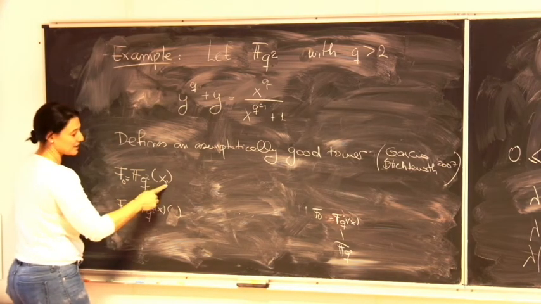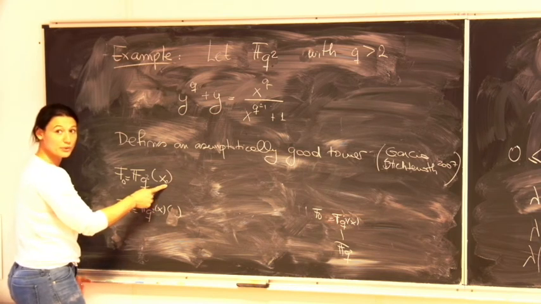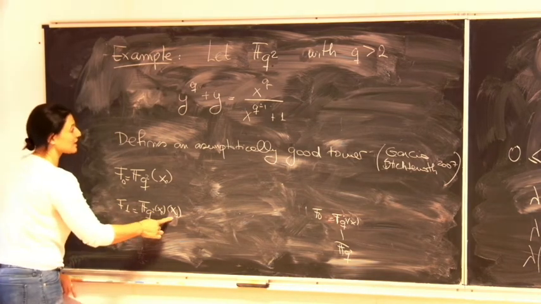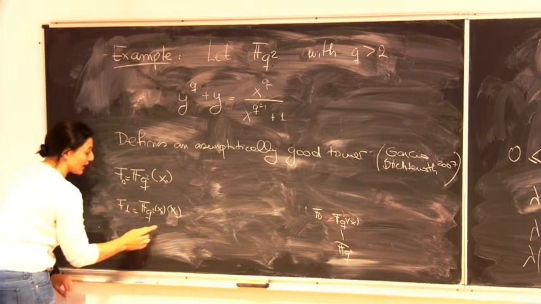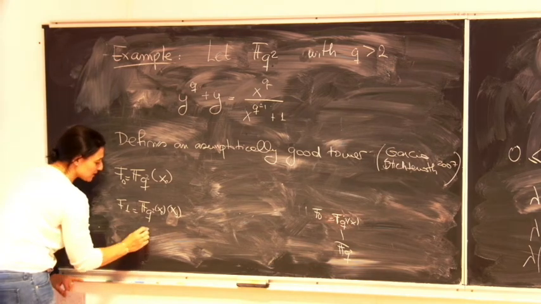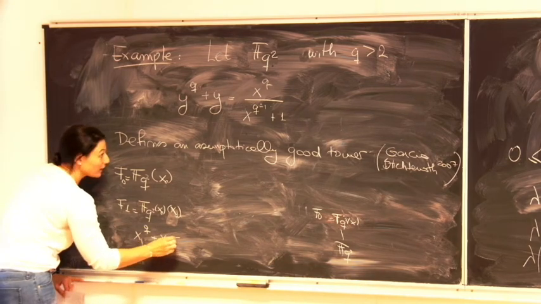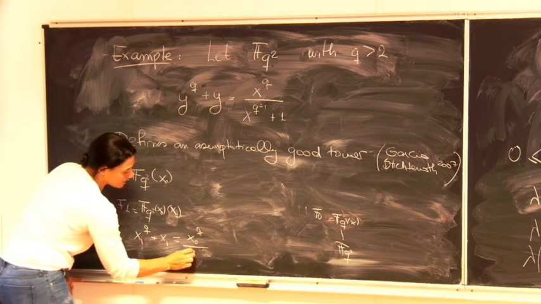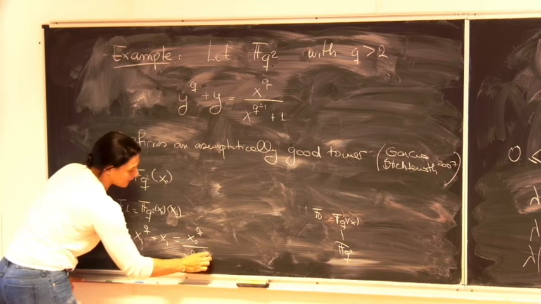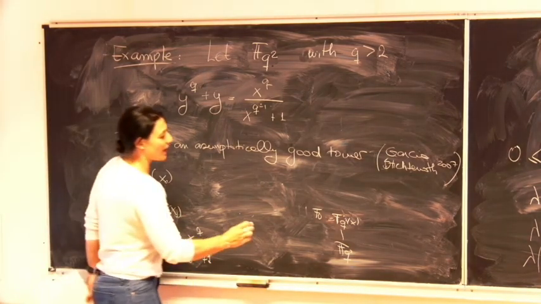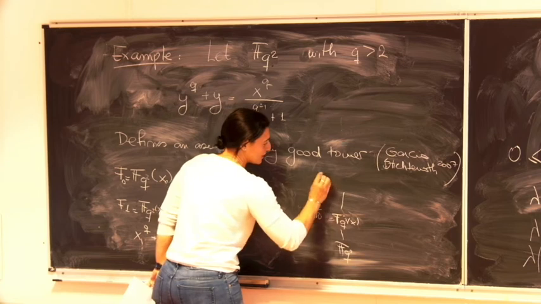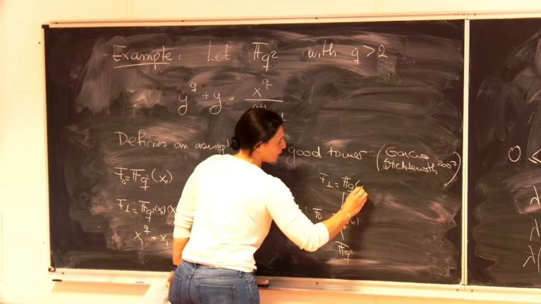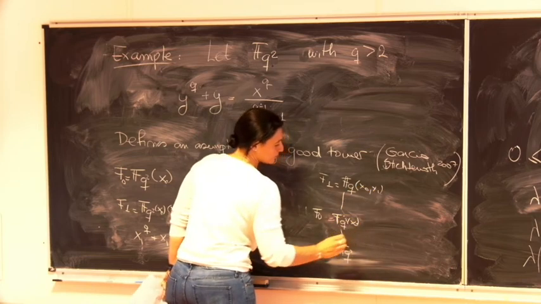Let's say that x0 is a transcendental element over F_{q^2}, and I add an element x1 such that x1 squared plus x1 is equal to x0^q over x0^(q-1) plus 1. And so I have another function field, which is F_{q^2}(x0, x1).